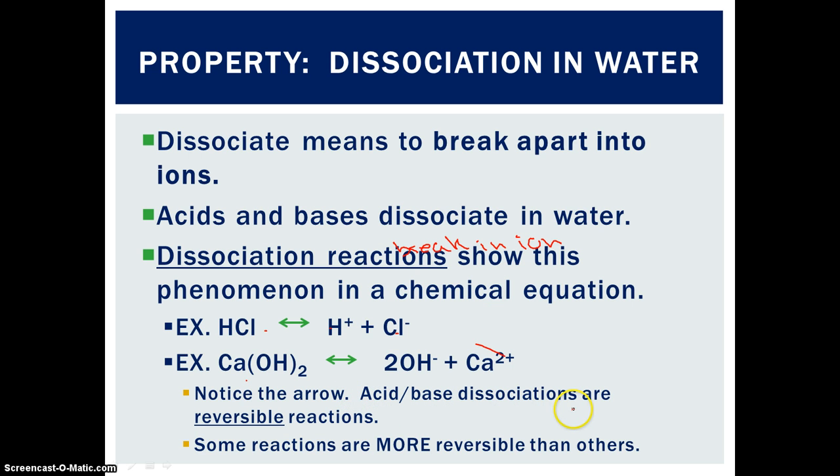Acid and base dissociations are reversible reactions, which means sometimes in solution, hydrogen and chlorine can recombine to make hydrochloric acid in solution. So acids are both ionic and covalent in solutions in some cases. Sometimes you have the covalent version around, and sometimes you have the ionic version around, dissociated into its ions.